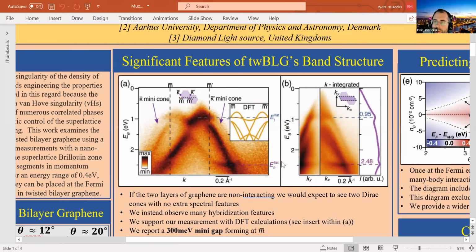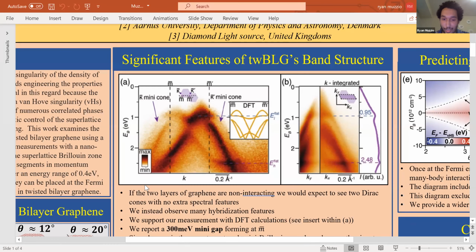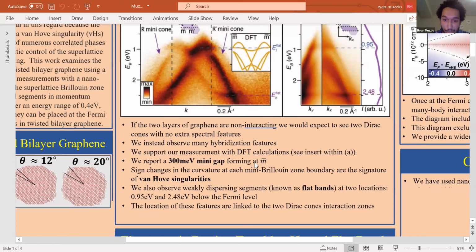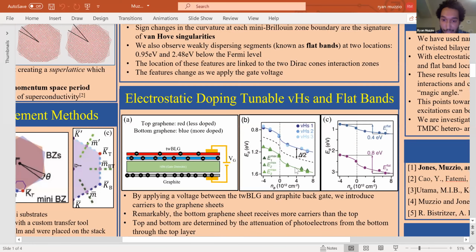So is this ARPES image at one particular gate value? So this is an ARPES image at no gate value. It's just a piece of twisted bilayer graphene with no gate applied. We took so many scans, there's a lot of scans here, but essentially every data point is its own scan.